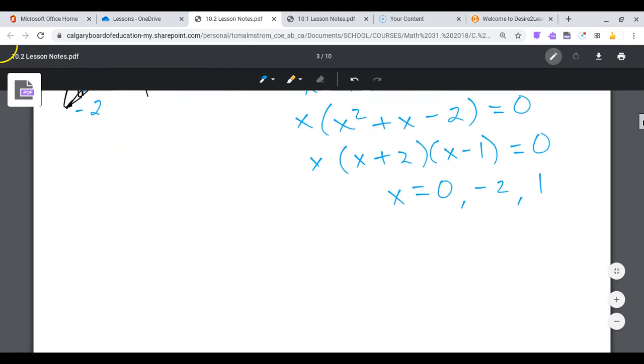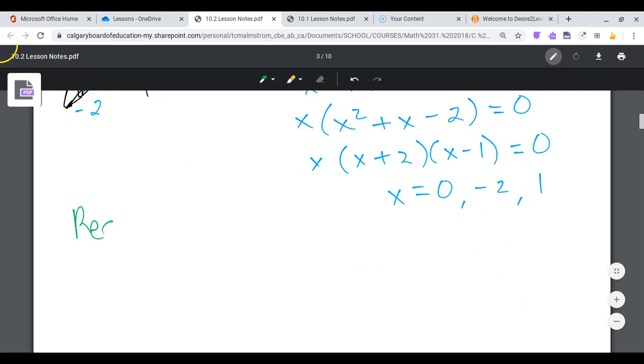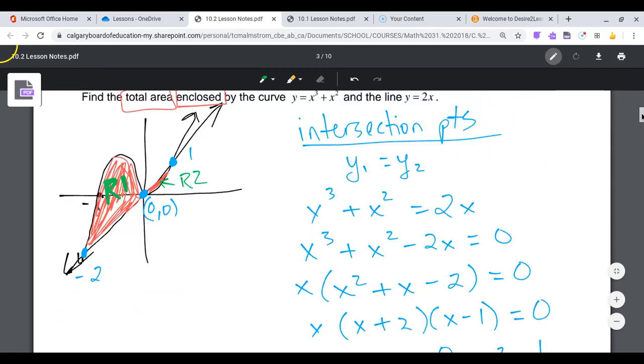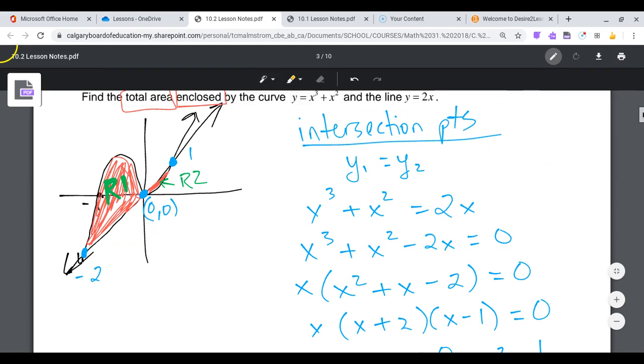Okay, so then we're going to look at this in 2 different regions. So let's look at region 1 to start with. Okay, in region 1, now I didn't label my graphs. Tisk, tisk, Malmstrom. Okay, so this is y equals 2x, and then this other one is y equals x cubed plus x squared.